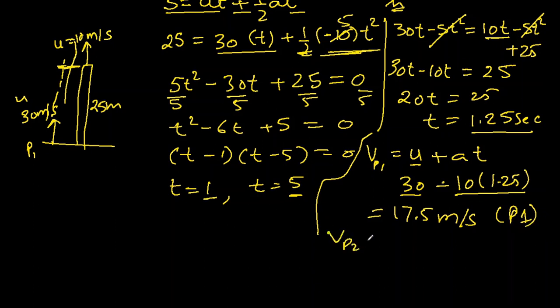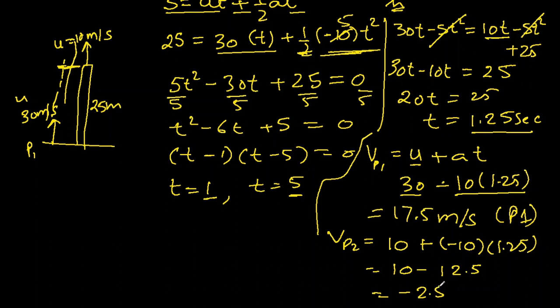Similarly, velocity of particle 2 will be u, u is 10, plus minus 10 again times t, 1.25. So it becomes 10 minus 12.5, which is minus 2.5. It means it is falling downwards. P1 is still going upwards at 17.5 meters per second, but particle 2 is going downwards at 2.5 meters per second. Alright, we found the velocities.